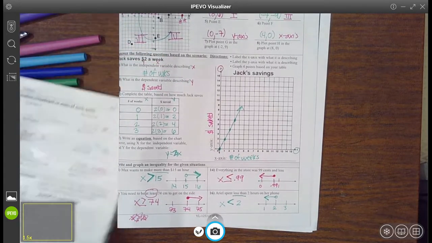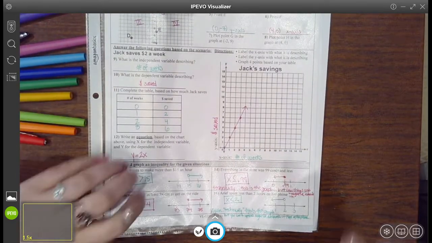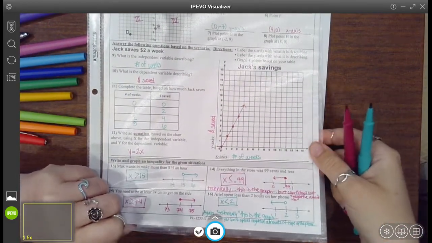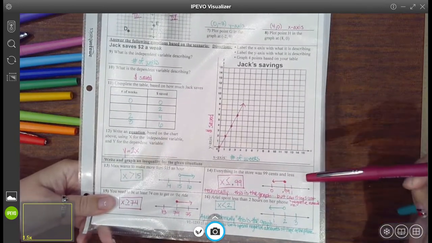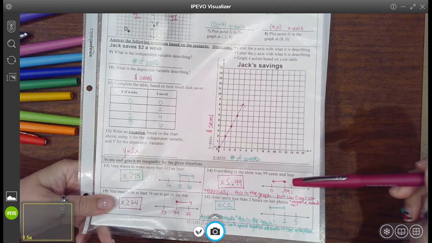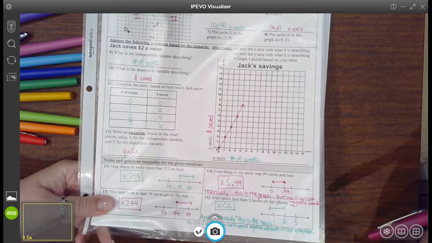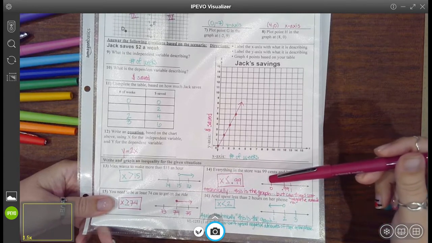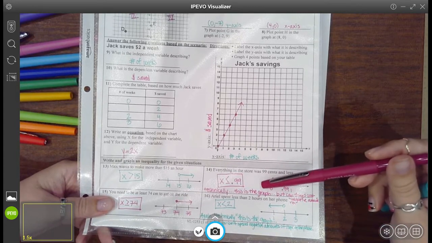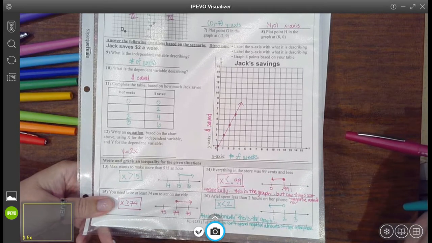Now, for us, all of these are correct. However, in future grades, we might need to think a little bit harder on problems 14 and 16, because here it says everything in the store was 99 cents and less. So yes, it is closed going to the left, and there's our inequality just like we did. But technically, can things be less than 0, like in the negatives, which means the store would be giving you money for taking the thing out of the store?